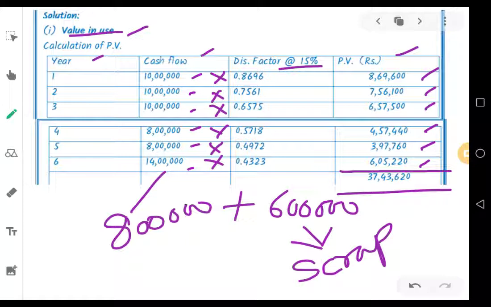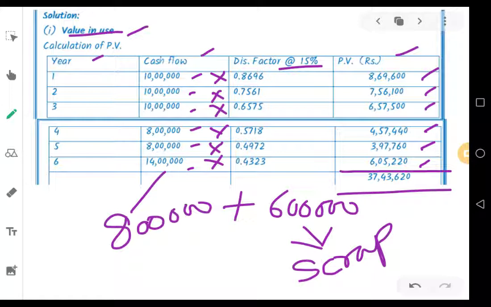If you have any doubts relating to calculation of value in use, value in use is calculated by discounting the future net cash flows from the project or the asset. In the question they have given that the future cash flows are for the first 3 years 10 lakhs per year, and for the next 3 years 8 lakhs.